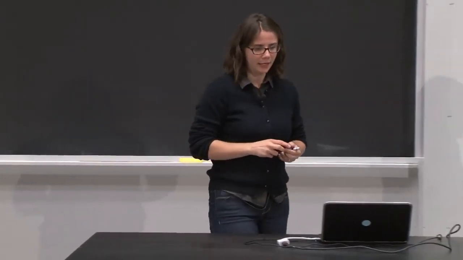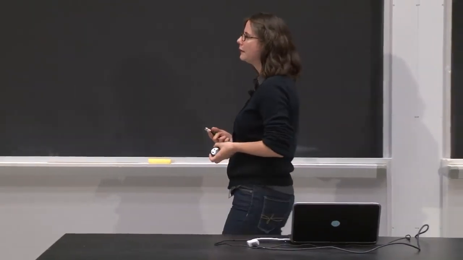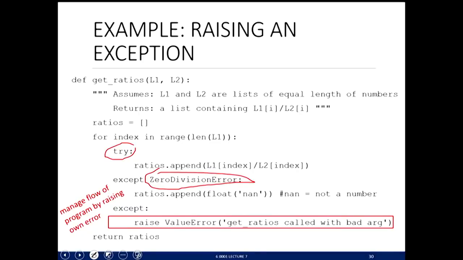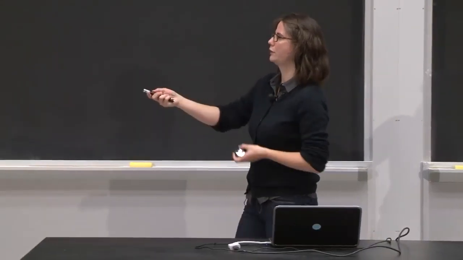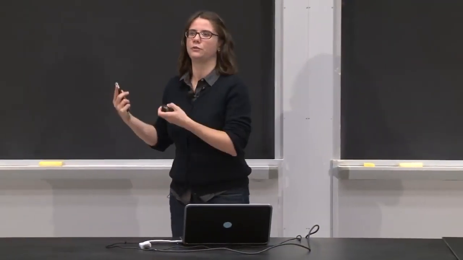And otherwise, if there's no zero division error, but there's another kind of error, then I'm going to raise my own error and say, for any other kind of error, just raise a value error, which says getRatios was called with a bad argument. Okay? So here I'm sort of consolidating all errors into my one value error. So later on in my program, I can catch this value error and do something with it.